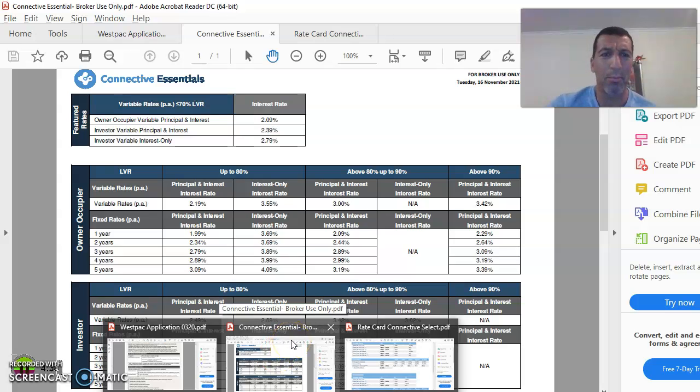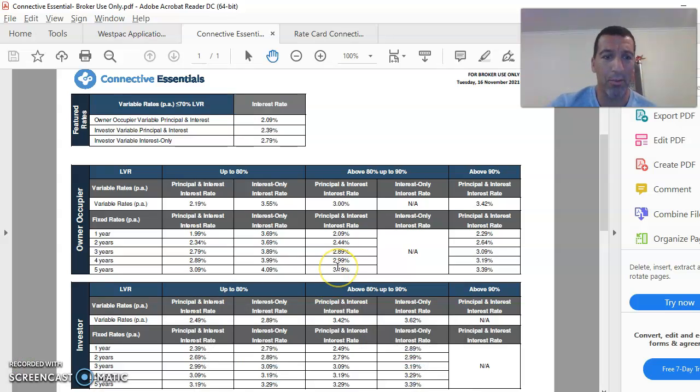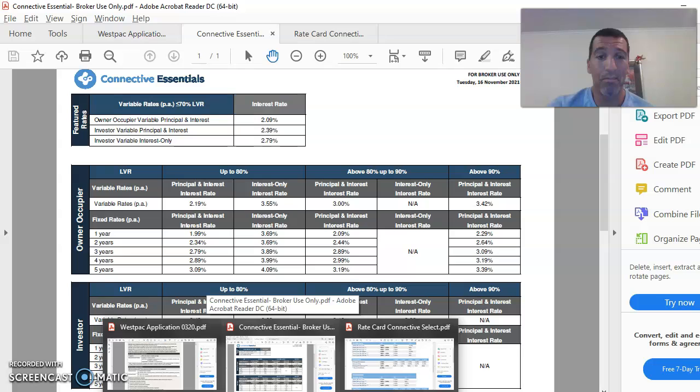I'm not pro NAB. I'm not really pro anyone. I look at all the different lenders, but these guys came up really favourably in my searches. We can go down CBA and ANZ and the bigger banks, and I can do a comparison with Bank SA.